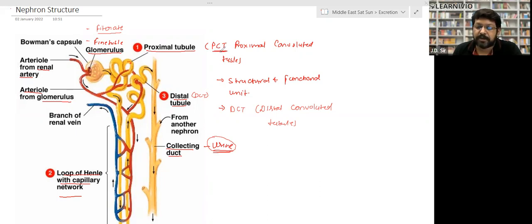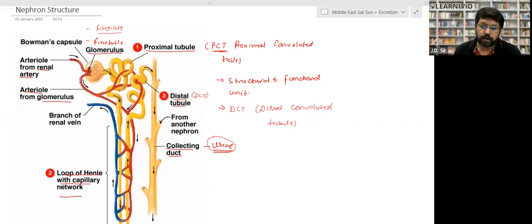Proximal means near. This folded tube is near to the glomerulus, that's why we call it proximal convoluted tubule.